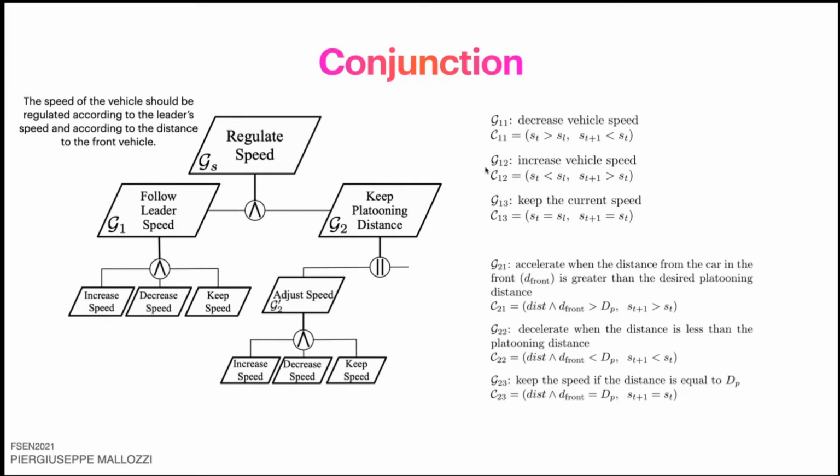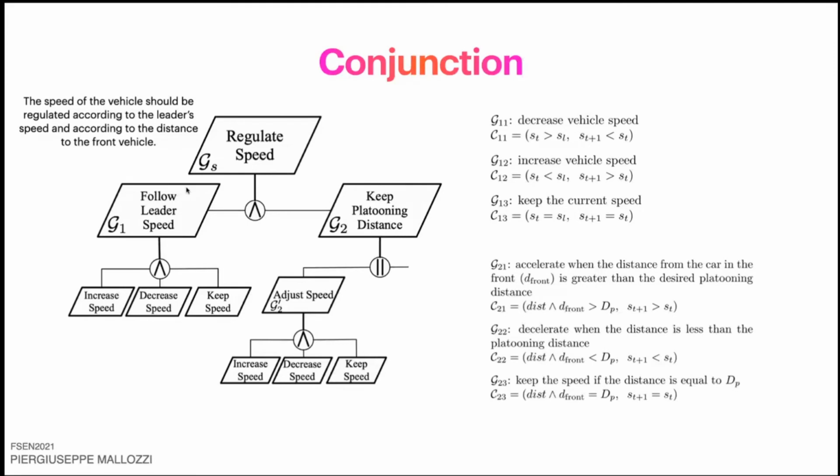Here we're talking about regulating the speed, right? We're still talking about the speed. We don't want to compose, we want to conjoin, because in this case the speed of the vehicle should be regulated in some cases by the following leader, and in some cases just by the vehicle in front of us, in order for us not to crash.